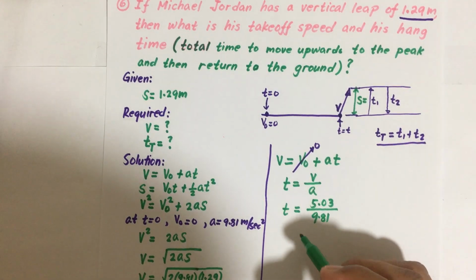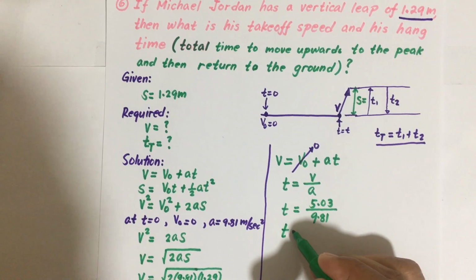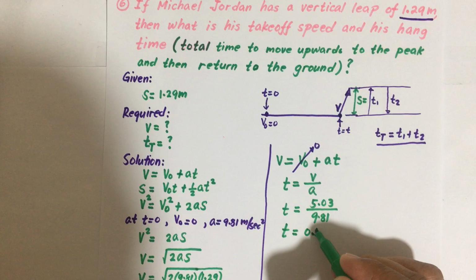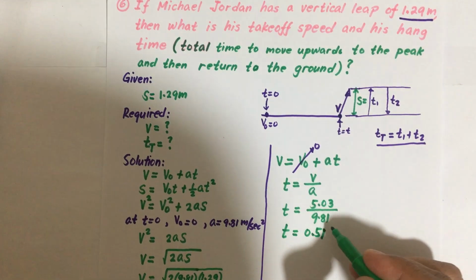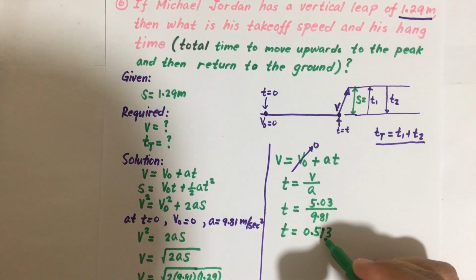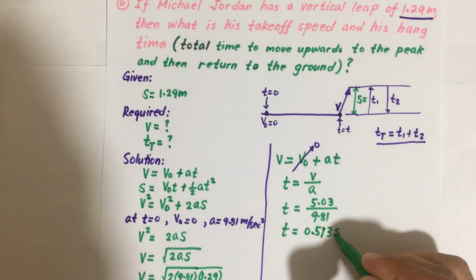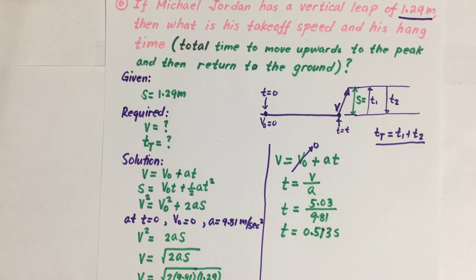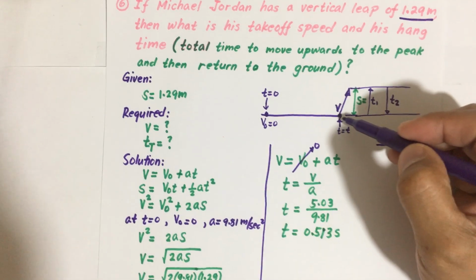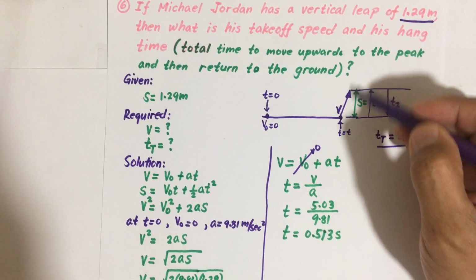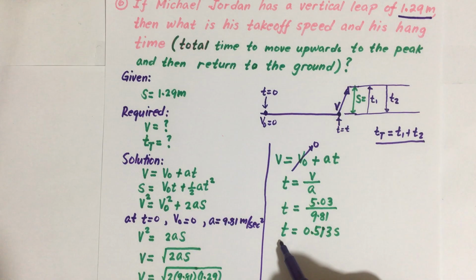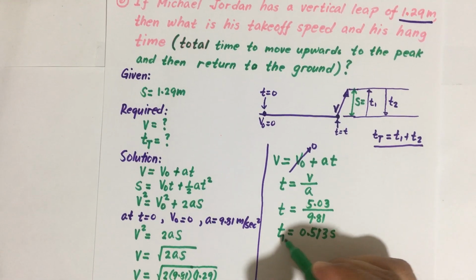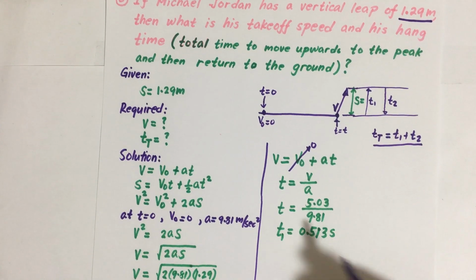So time therefore is equal to 0.513 second. Okay, so that's the time. So take note, class, that this is the time when Michael Jordan leaps up. We can call this time our T1.